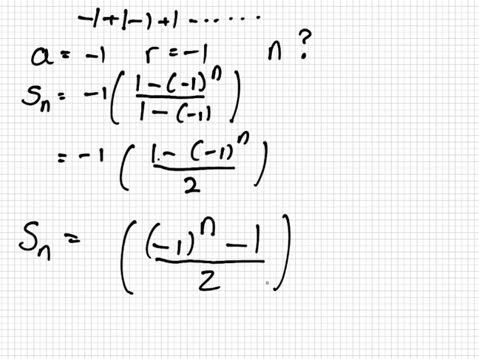If I add the first three numbers together, what should I get? Minus 1. If I add the first four numbers together, what should I get? 0. Because it's going plus 1, minus 1, plus 1, minus 1. So if you take out your calculator and you put in, for example, 4, make sure that you get 0. Well, I don't even need the calculator because you can see here, minus 1 power 4, what's that? 1. And 1 minus 1? 0.